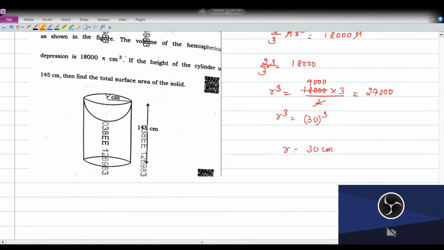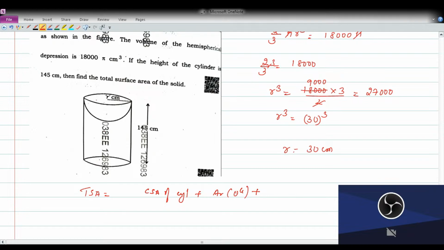Once we get the radius, to find the total surface area of the solid: it is a complete solid in which a hemisphere is scooped out. The depression is cut out, that means there is a base, so the bottom has not changed. Therefore required TSA is equal to CSA of cylinder plus area of the bottom circle, plus at the top, the circle has become a hemisphere, so I am going to take CSA of hemisphere.